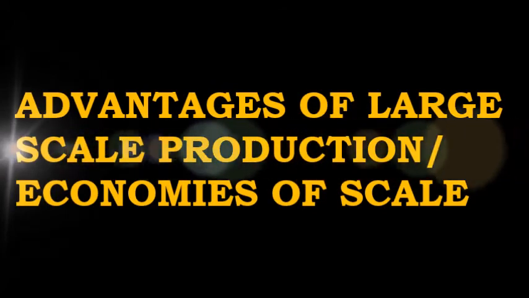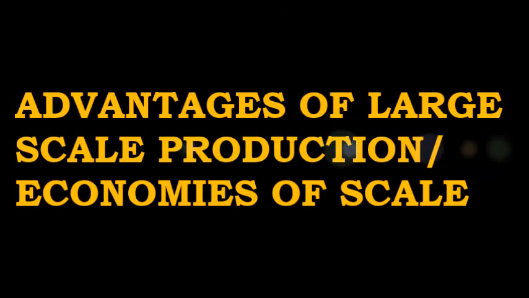Now let's look at some advantages and disadvantages of large-scale production. Growth in the size of the firm, or long-run production, is associated with some advantages and disadvantages. There are advantages of large-scale production, which are referred to as economies of scale.